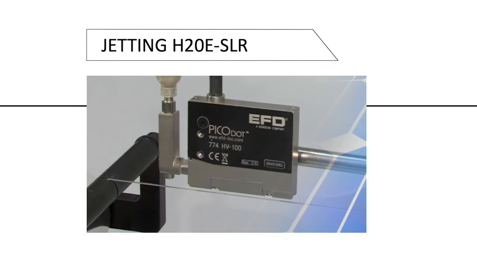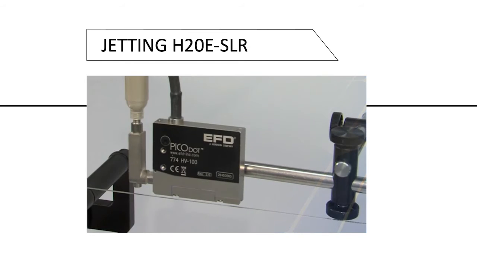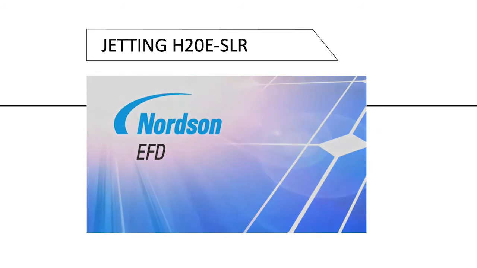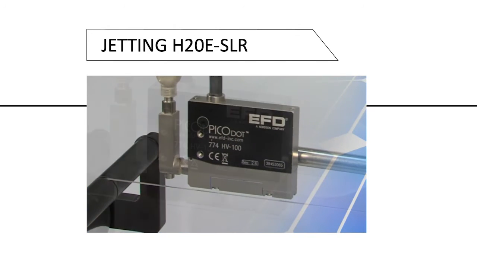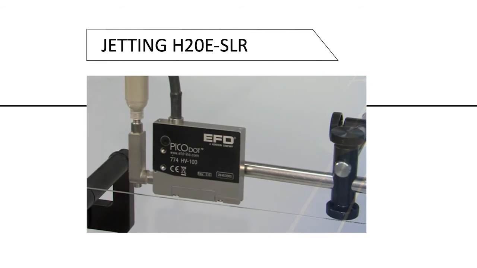In this video, you can see an example of a jetter at work. This particular jetting system is the Pico Dot jetting system by Nordson EFD. On the left side is a premixed and frozen single component syringe of H20E SLR, a version of H20E specifically designed for the solar industry.